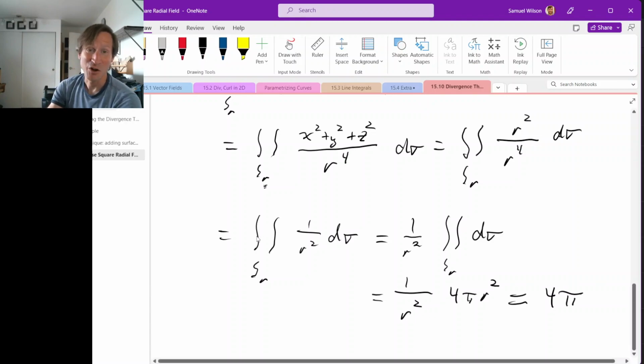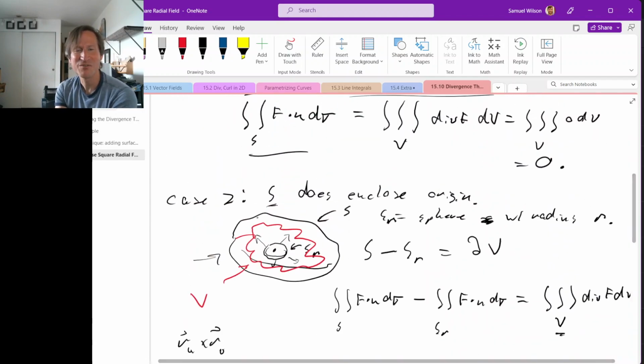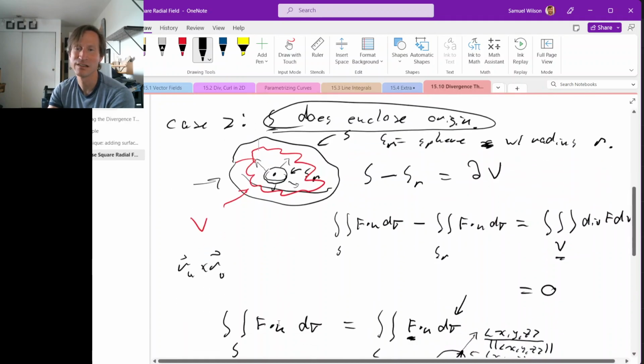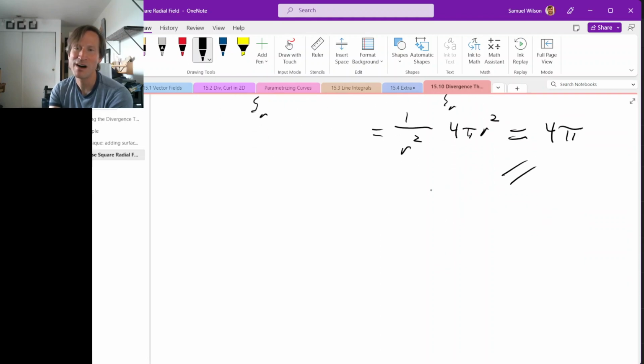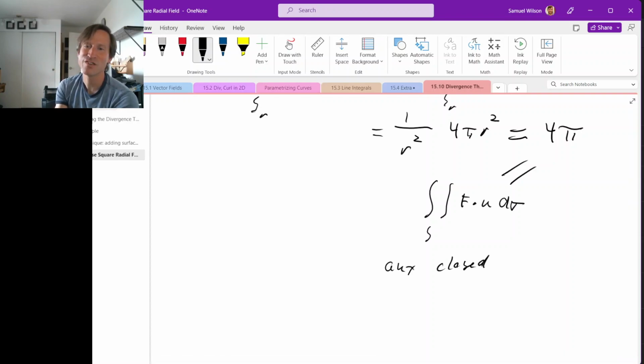Okay, so what we found, remember what we were doing was finding the surface integral over any closed surface that encloses the origin. What we found was that 4 pi is the integral of this inverse square vector field over any closed surface S that surrounds the origin.